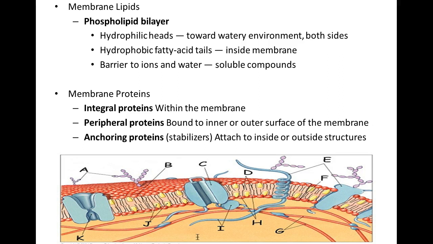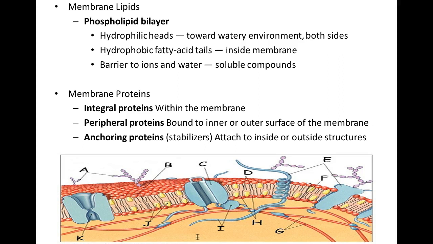In terms of the proteins, you have integral proteins and peripheral proteins. Basically, those basic types, and then you have other subgroups, I guess you might say, of proteins. Integral proteins tend to go all the way through the biphospholipid layer. You look at K, you look at C here, you look at E and E, those tend to be integral proteins.